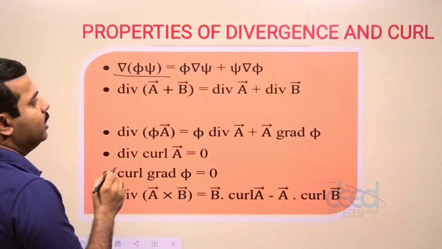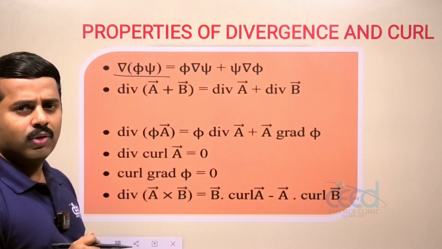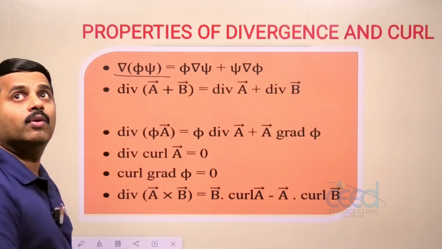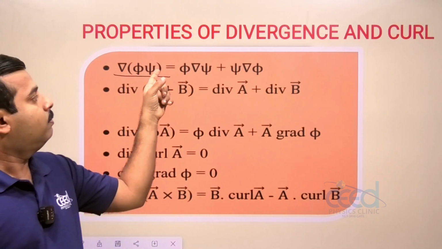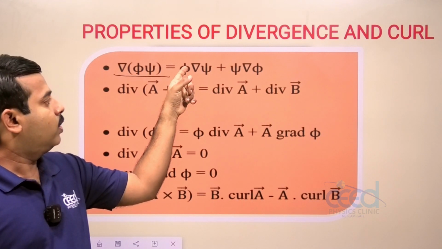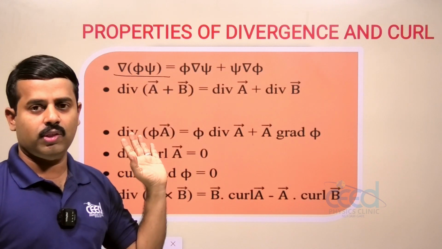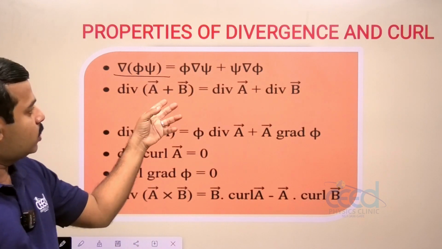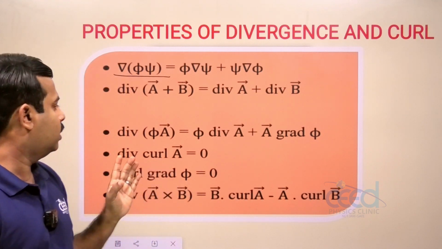Then, as you know from the differentiation product rule, you can find it like that. That means the first function into the gradient of the second function plus the second function into the gradient of the first function. Now divergence of A plus B is divergence of A plus divergence of B.